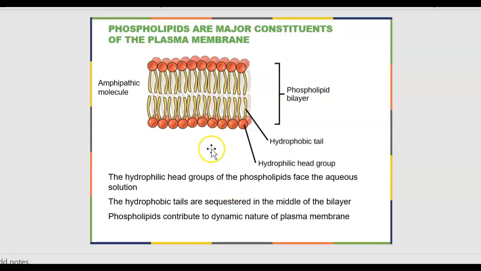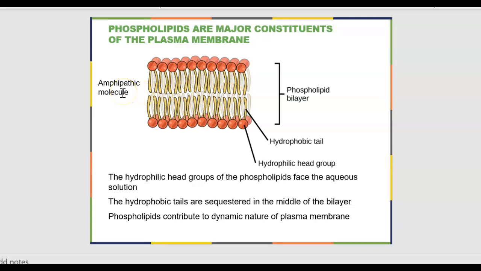Now why they're so important is because they make this thing called the cell membrane. So this is a little piece of the cell membrane known as a phospholipid bilayer, because notice there's 2 layers. There's an upper one and there's a lower one, and they're facing the ones that like each other. The hydrophobic ends are all facing inward, away from any watery environment, so they're kind of hiding out in here.